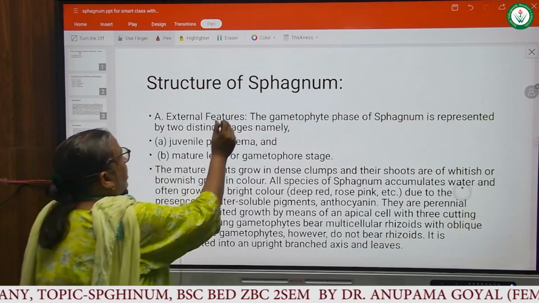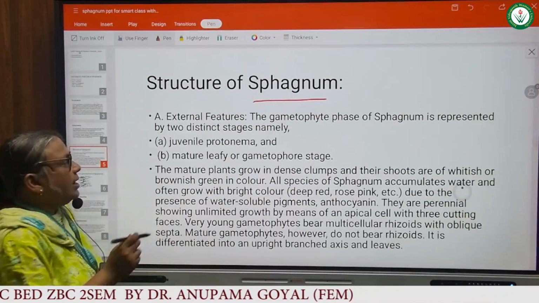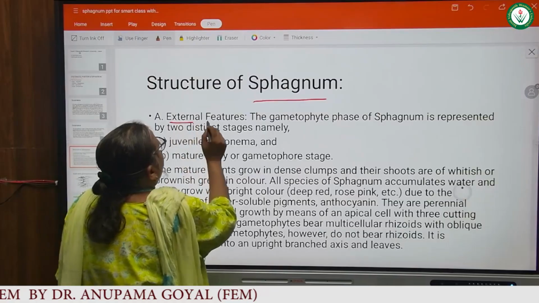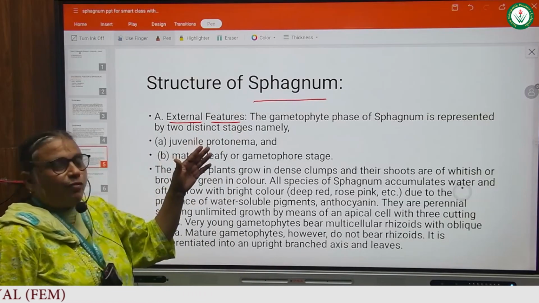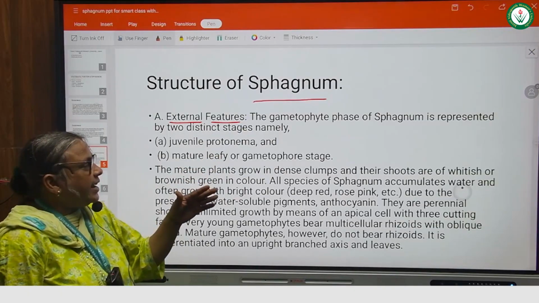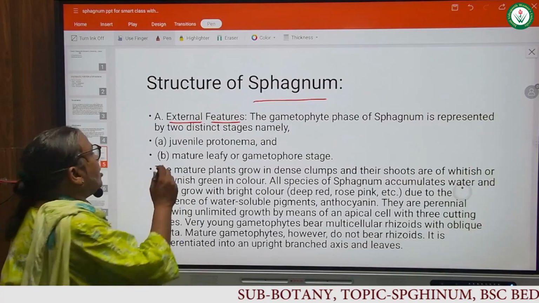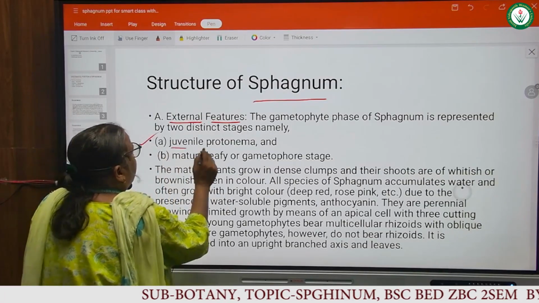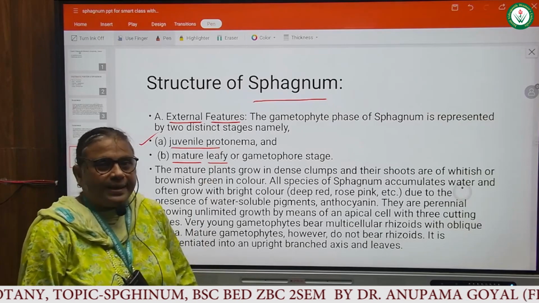Now I will talk about the structure of sphagnum. First of all, see the external features of the bryophyte sphagnum. The gametophytic phase of sphagnum is represented by two distinct stages, namely the juvenile protonema and the mature leafy or gametophore stage.